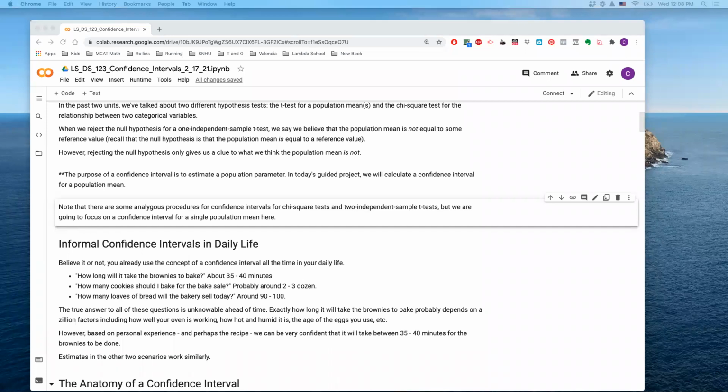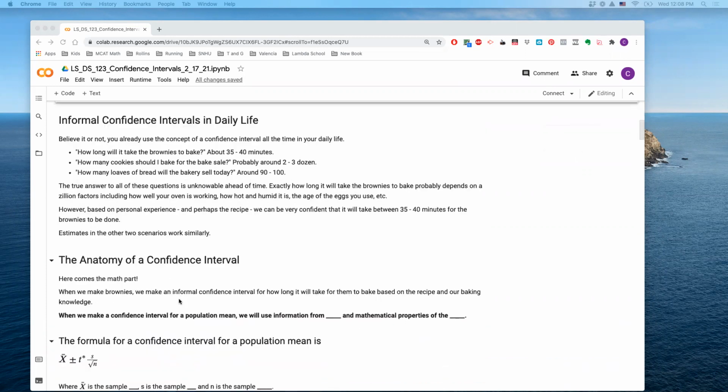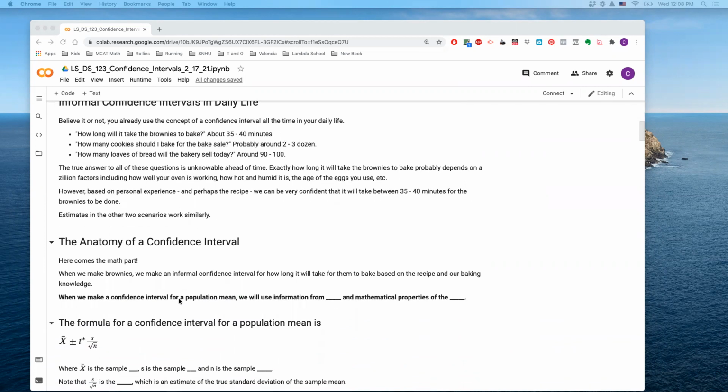So the nice thing about confidence intervals is that unlike hypothesis tests, they are pretty intuitive. We already make informal confidence intervals all the time. A confidence interval is basically like we're going to guess a range. What makes it special and statistical and mathematical is that we're going to use math and the t-distribution to come up with that range of possible values.